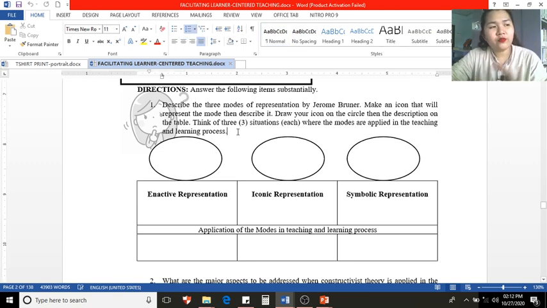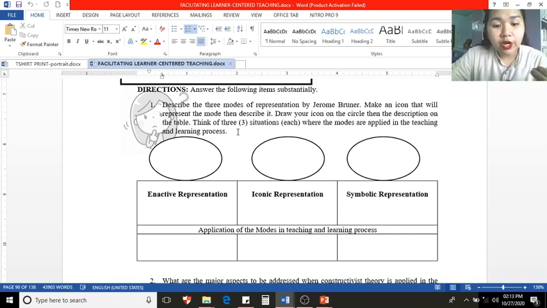So, you think of a classroom application noong mga modes of representation. So, there should be 3 classroom or learning experience kung saan itong mode of representation ay naya-apply. Say, for example, sa inactive. So, doon sa circle, magdodraw ka doon ng icon that will represent inactive.